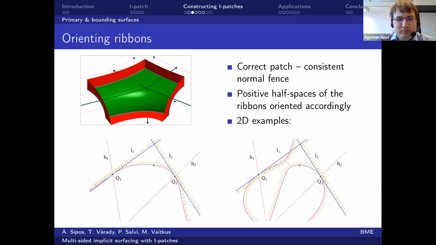Then, the gradient of the eye patch is guaranteed to be a scalar multiple of the gradient of the primaries, as we have already seen, and this direction only depends on the sign of the w_i coefficients. Here I show you two-dimensional eye patches, which help to understand this problem. So here it's set consistently and it works. Here it's set inconsistently, and so it gives a totally bad result.